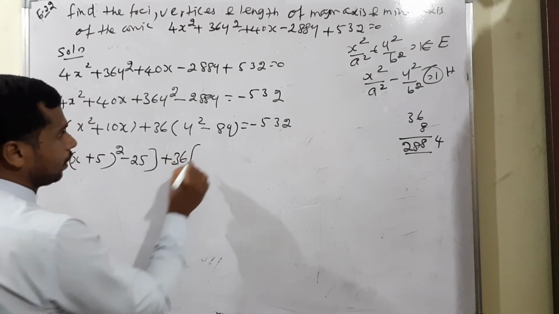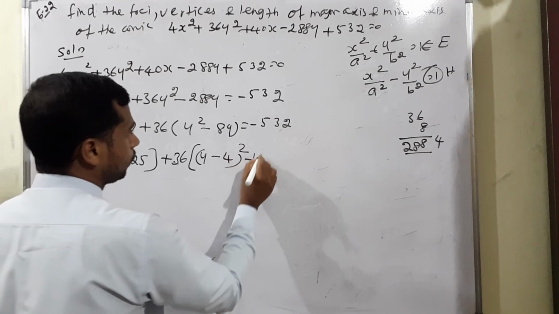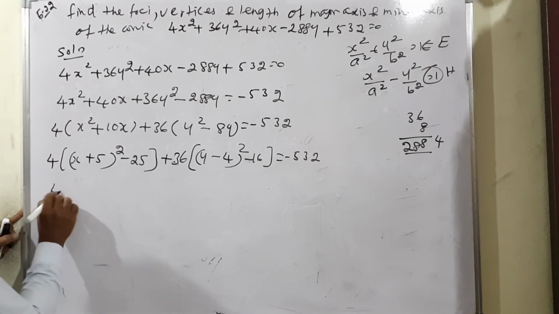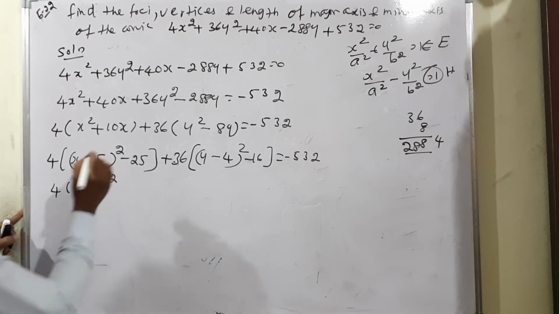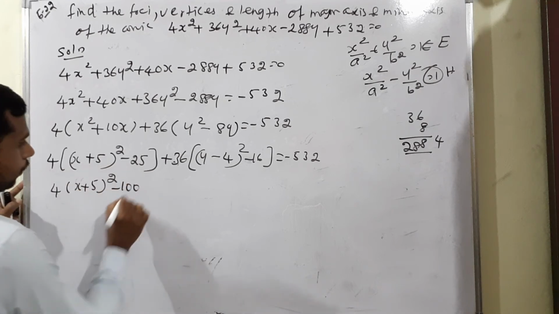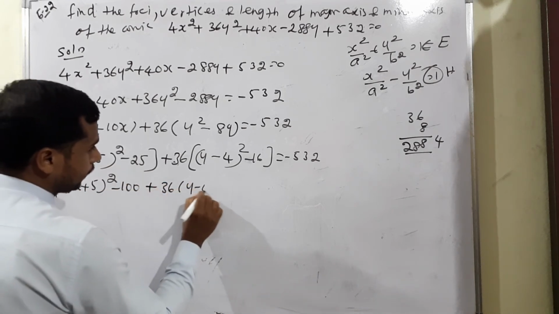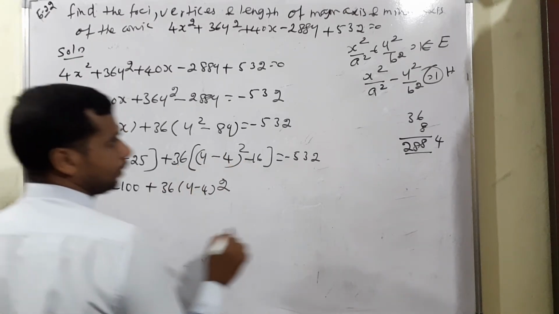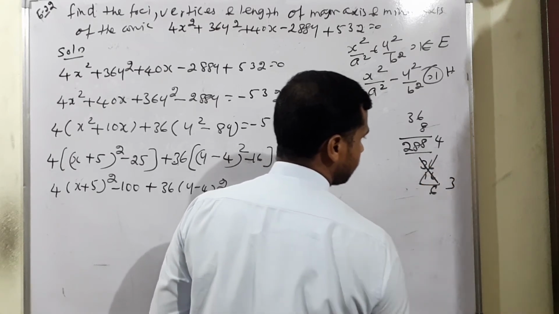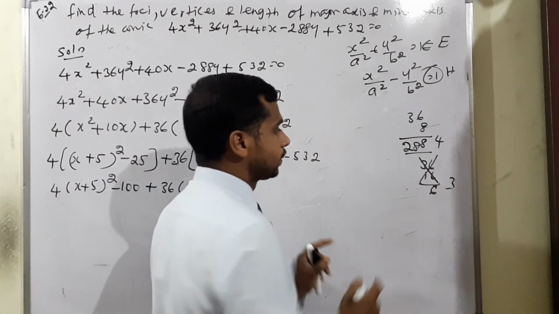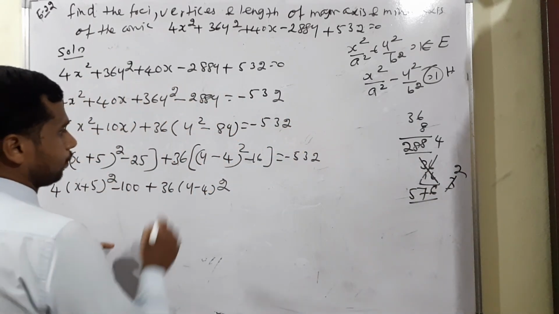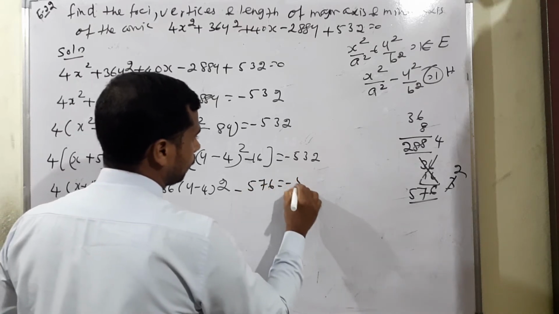Plus 36 times (y − 4)² − 16, since half of 8 is 4, equals −532. Multiplying out, 4(x + 5)² − 100 plus 36(y − 4)² − 576, equals −532.